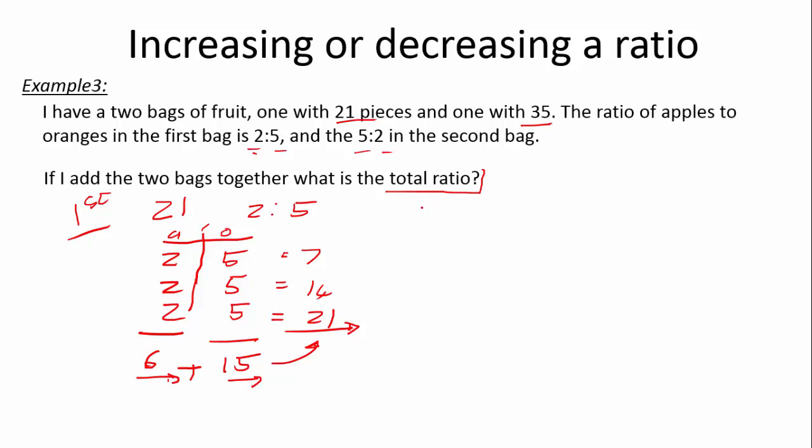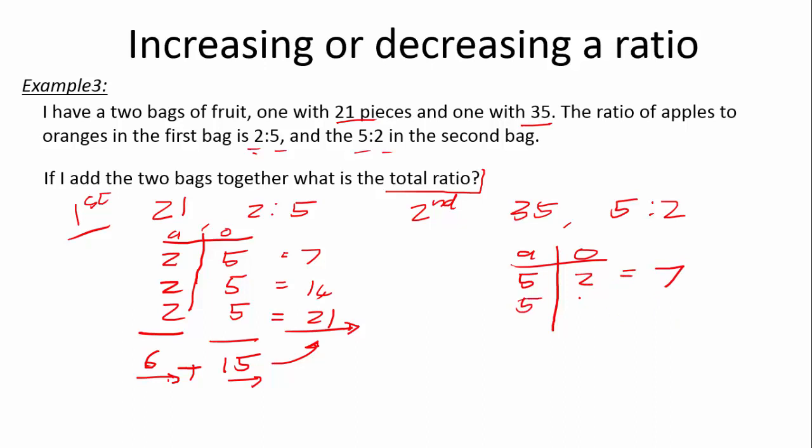Let's look at our second bag. We have 35 apples and oranges in total. We know the ratio is 5 to 2. For 5 apples we have 2 oranges. Again, that equals 7. That's convenient. We have 5 apples again and 2 oranges.